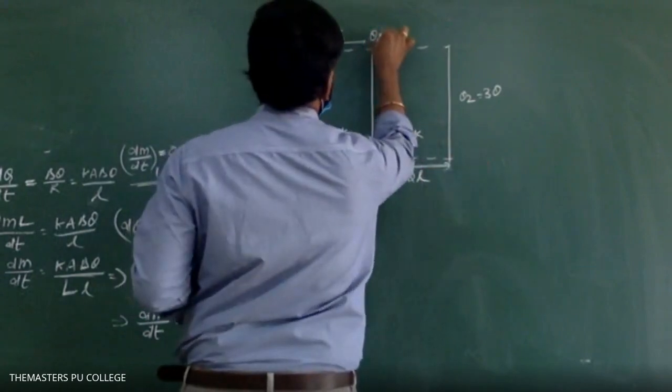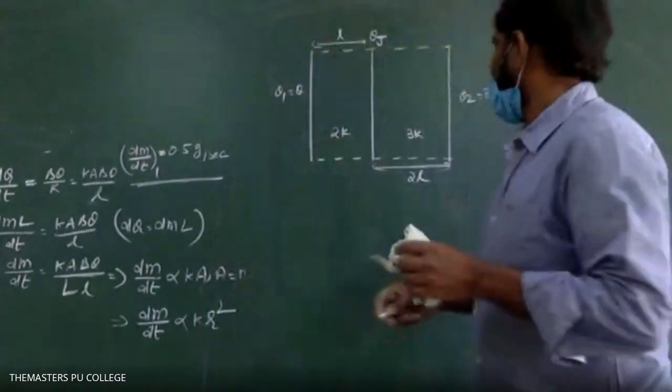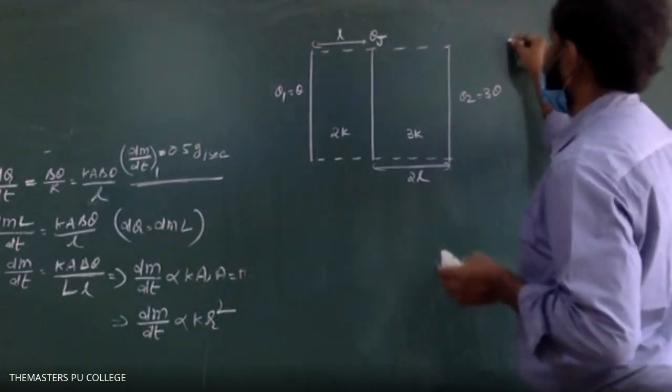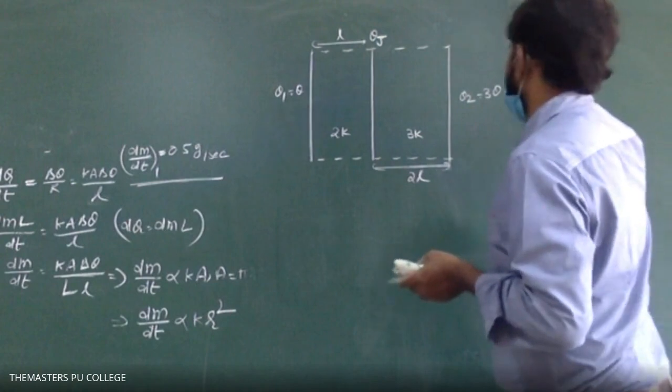Then they are asking theta J, which stands for the temperature of the junction. What is the formula to calculate theta J?